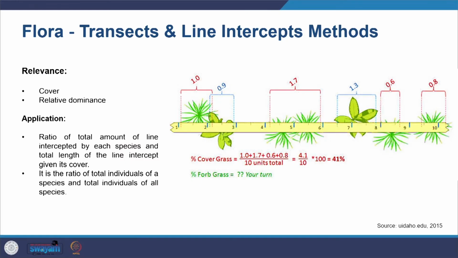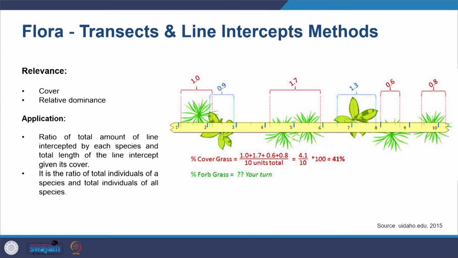The other type is the transect and line intercept methods. As you can see in the diagram, you have one straight line drawn, and whatever comes within that, you make note of. You look at what the cover is and what the dominance is.